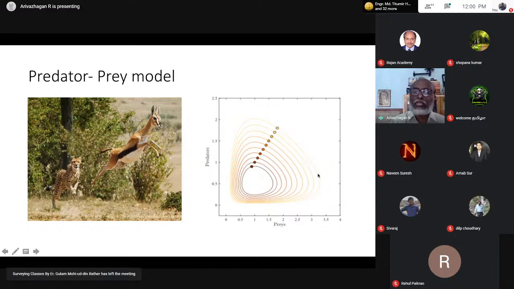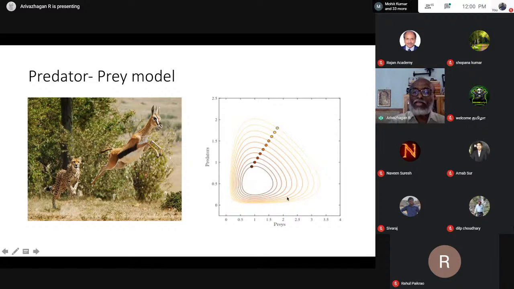It denotes the population of prey decreases. Why is this population decreasing? Because of the interaction of predator and prey. That interaction is predation. Due to predation, the prey population is going to decrease.